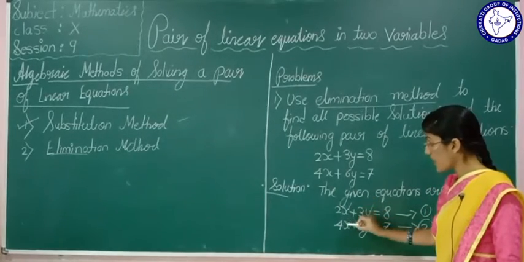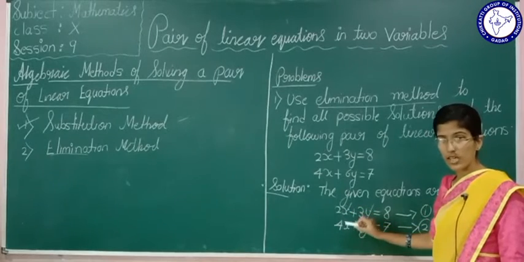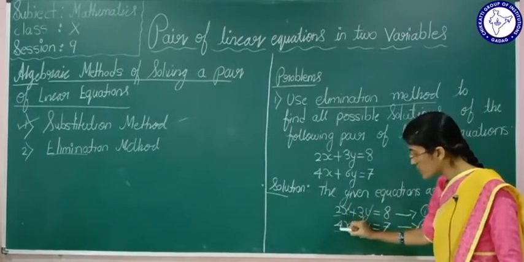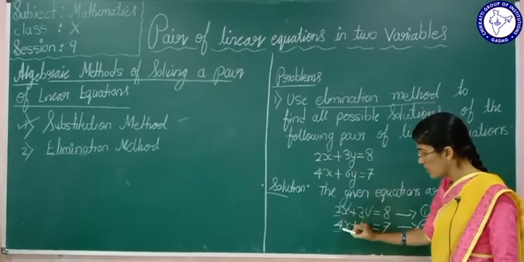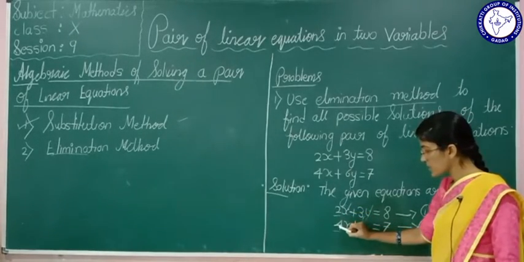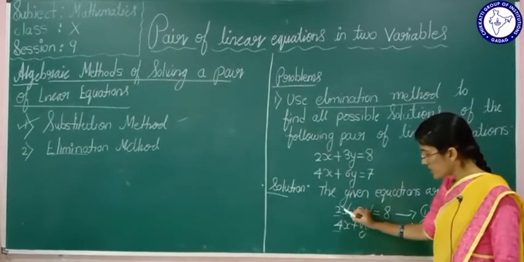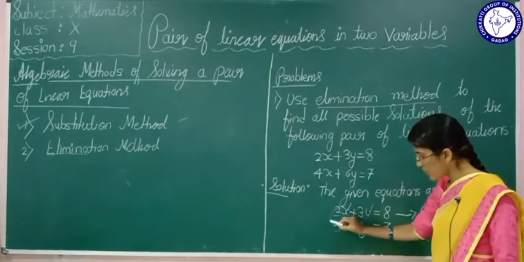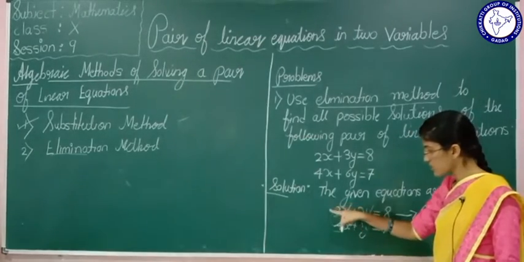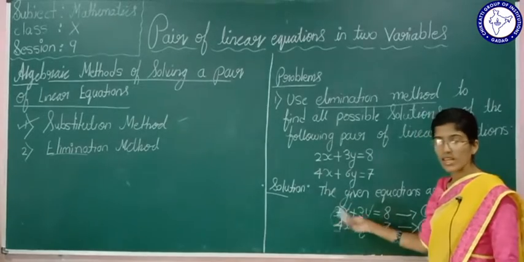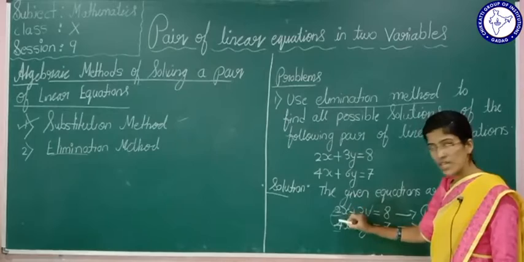Here the coefficient of x is 2, here the coefficient of x is 4. These two coefficients should be the same. To remove x, here also it should be 4, here also 4. It may be any number, but the two numbers should be the same.